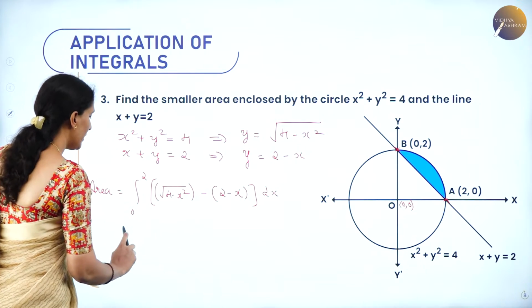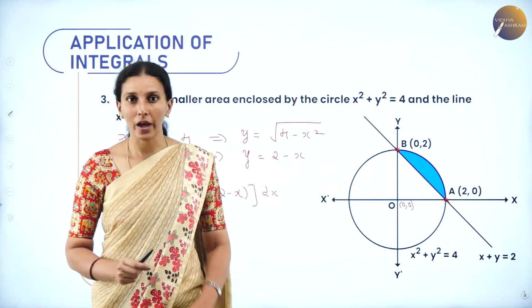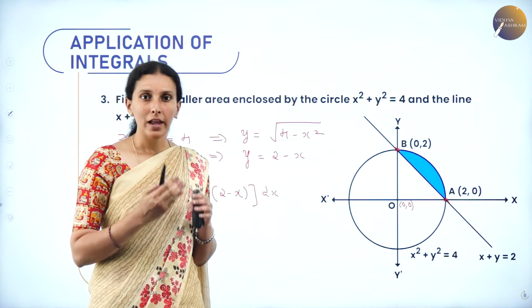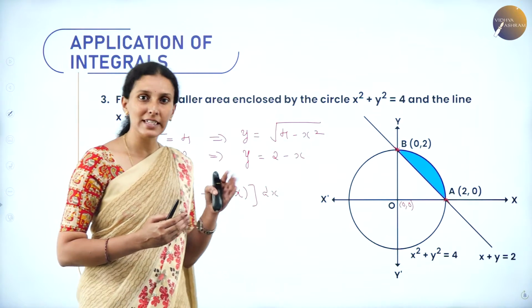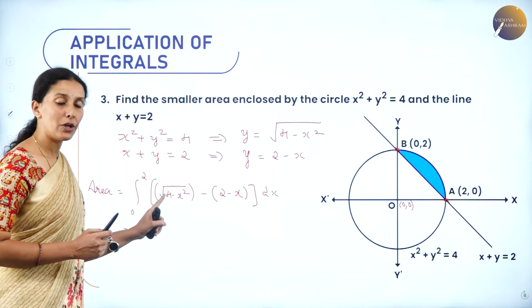Now the first one is a standard form of the integral of root of a square minus x square, which can be written as x by 2 root of a square minus x square plus a square by 2 sine inverse x by a. In the place of x you have x only, in the place of a you have 2.